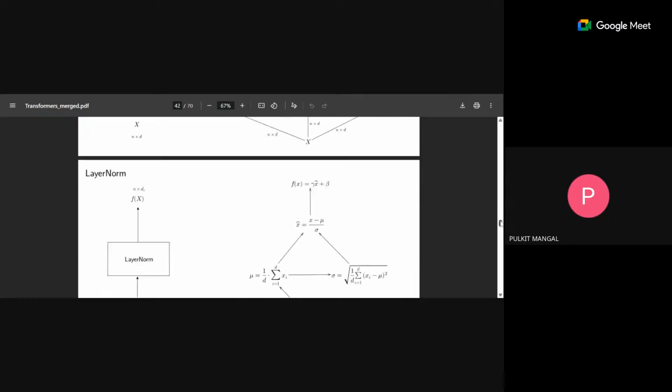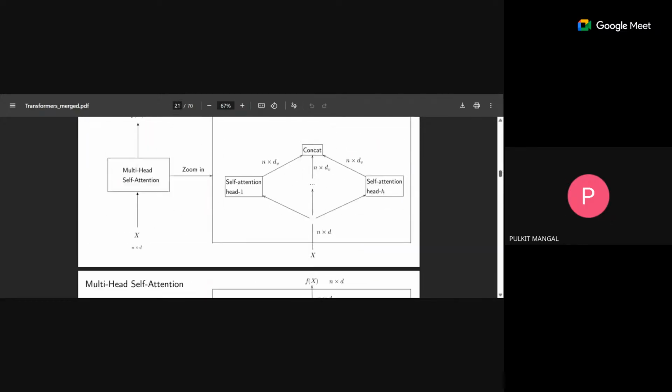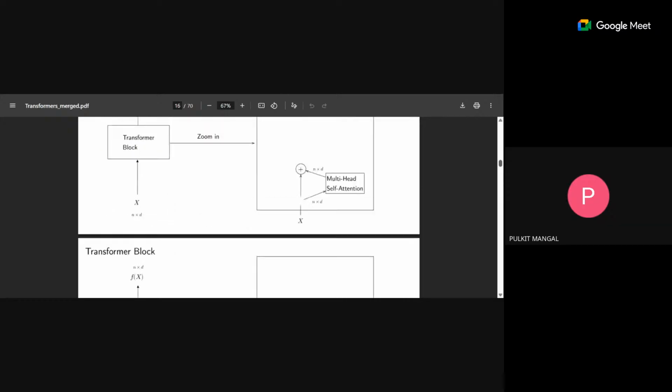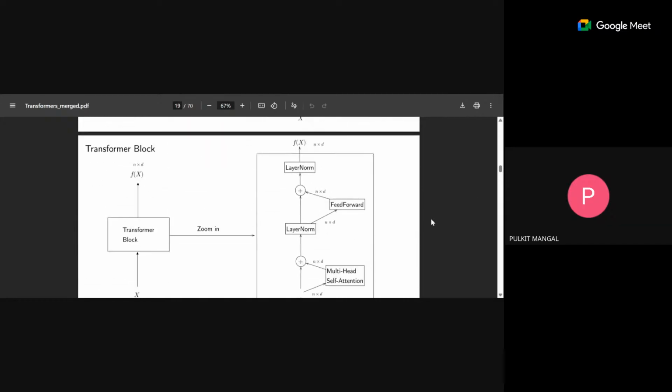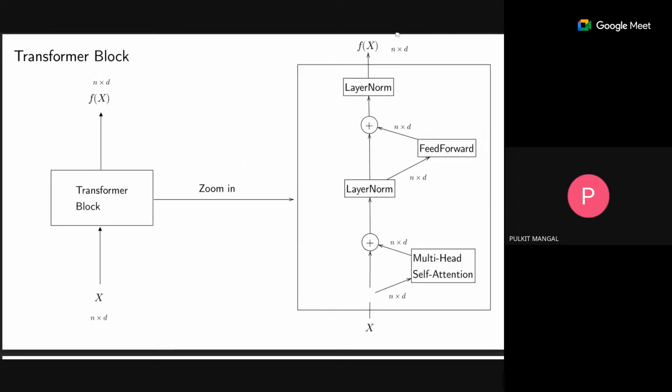Okay. So let me summarize it once more. I will now just use this part to summarize. We have our input matrix x, which is of n cross d dimension. We pass it to the multi-head self-attention block.